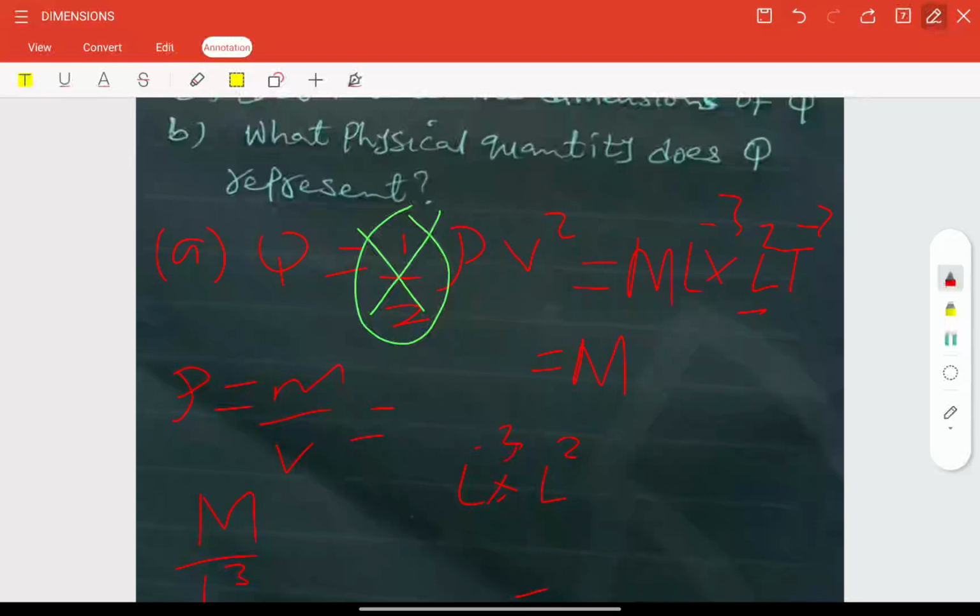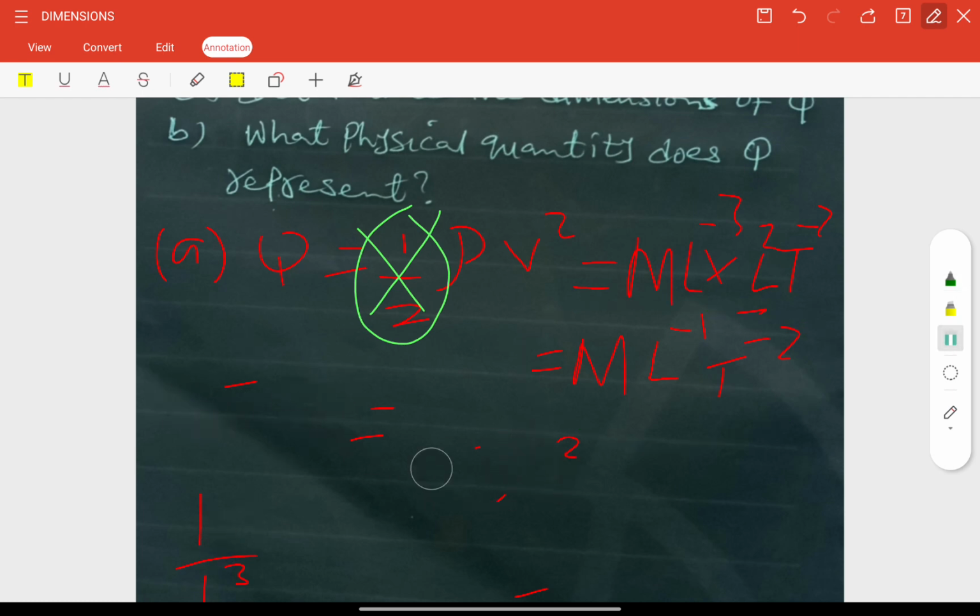If I multiply L raised to power minus 3 by L raised to power 2, I'm going to have L raised to power minus 1, and then this will also be times T raised to power minus 2. So the dimension for Q is actually given by M L raised to power minus 1 T raised to power minus 2.